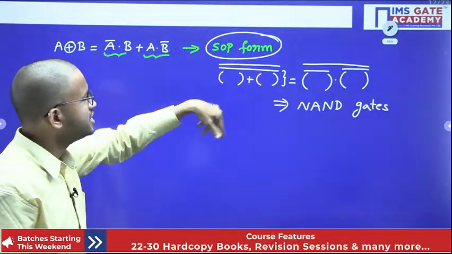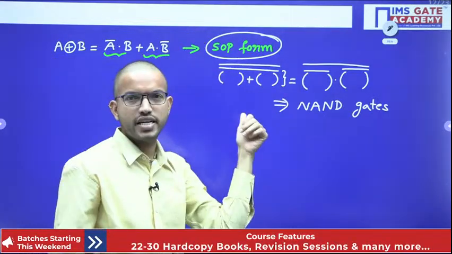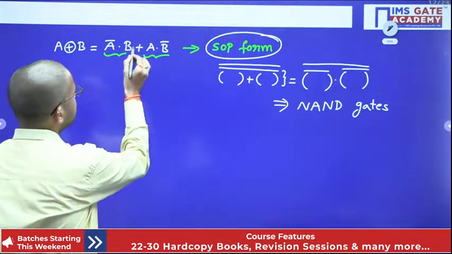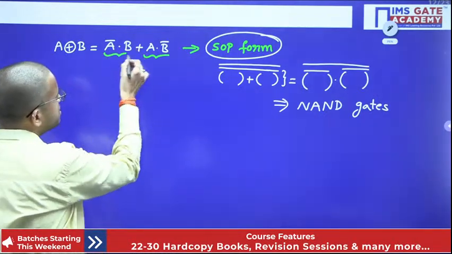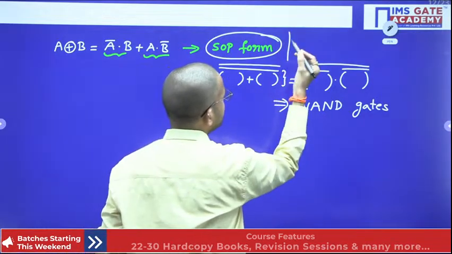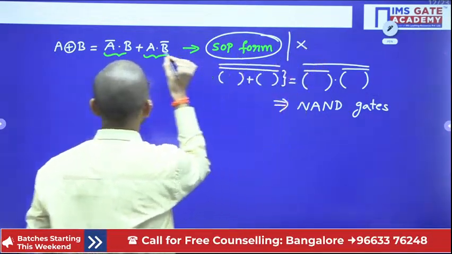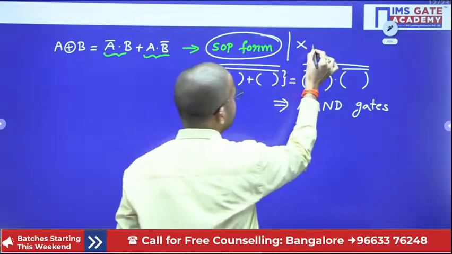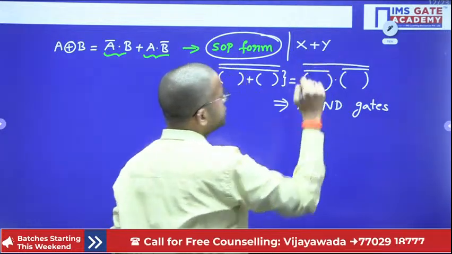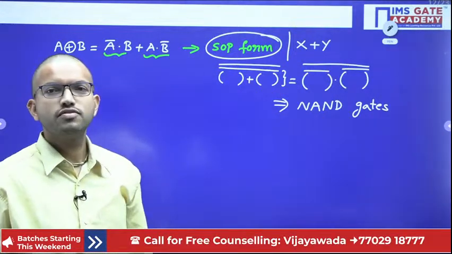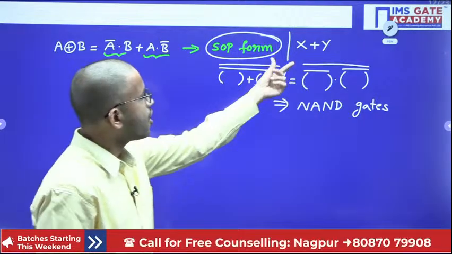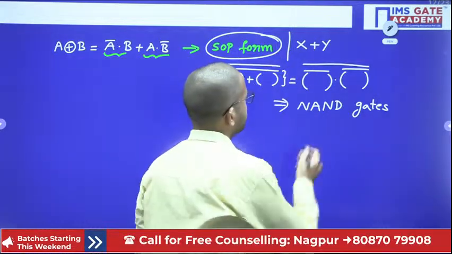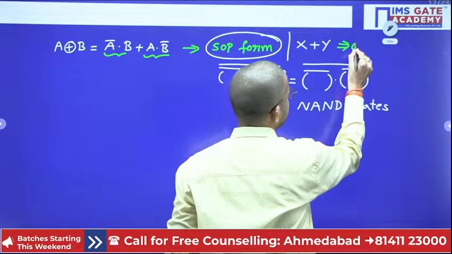And now you can just recall with respect to the basic gates. If you assume this entire expression like X, and similarly the second term like Y, now this particular expression belongs to which logic gate? It is OR gate.